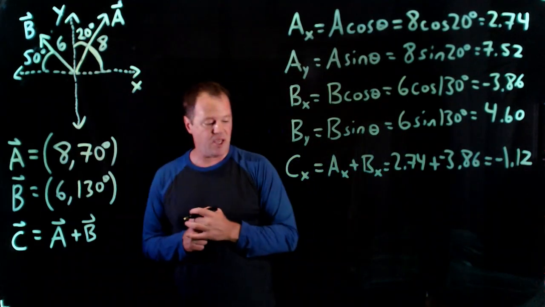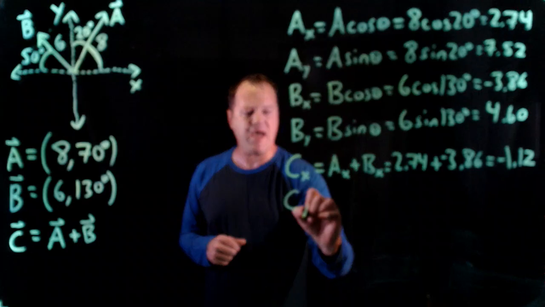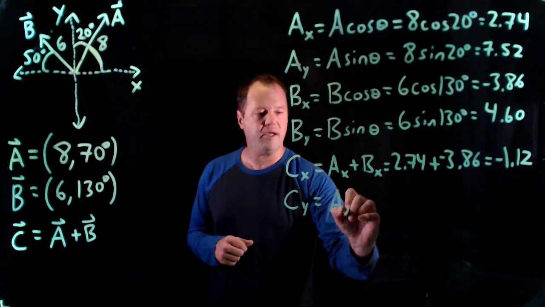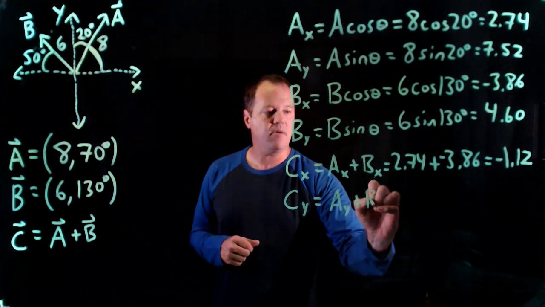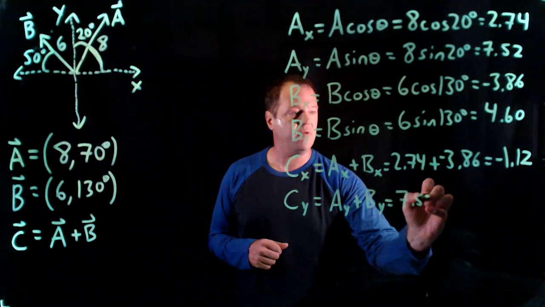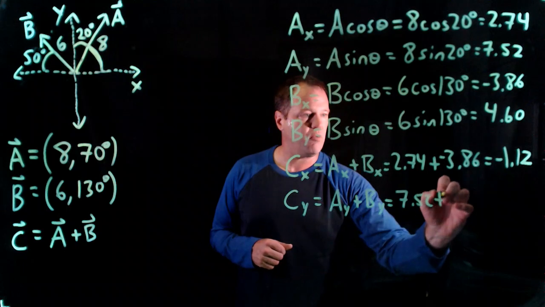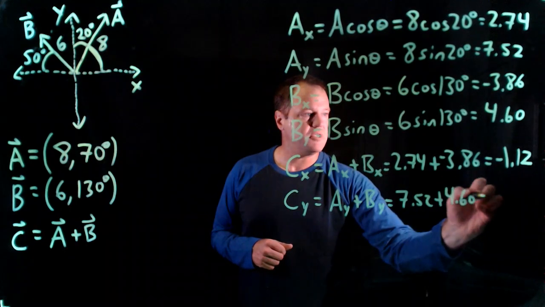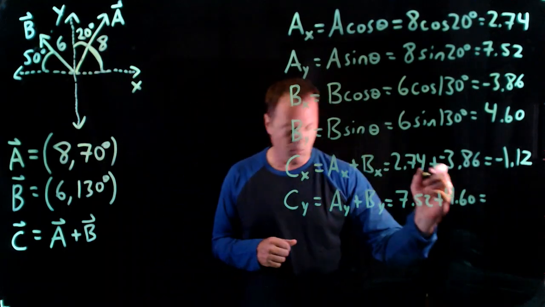And similarly, I will add the y components, the y component of A and the y component of B. I take 7.52, add it to 4.60, and I get 12.12.